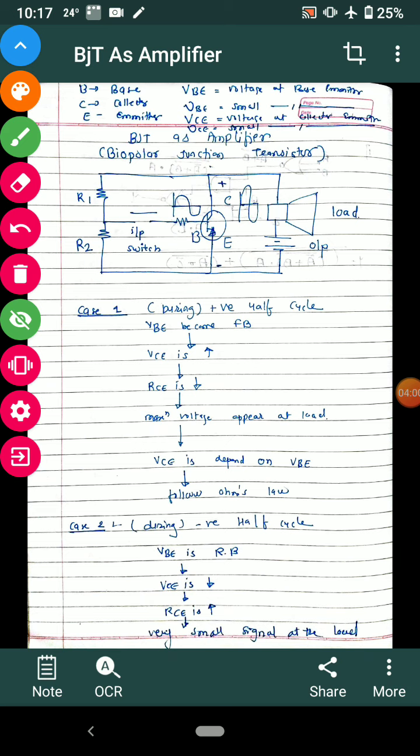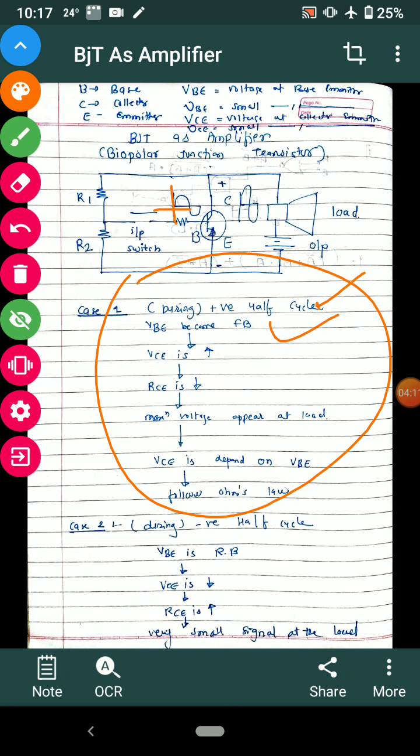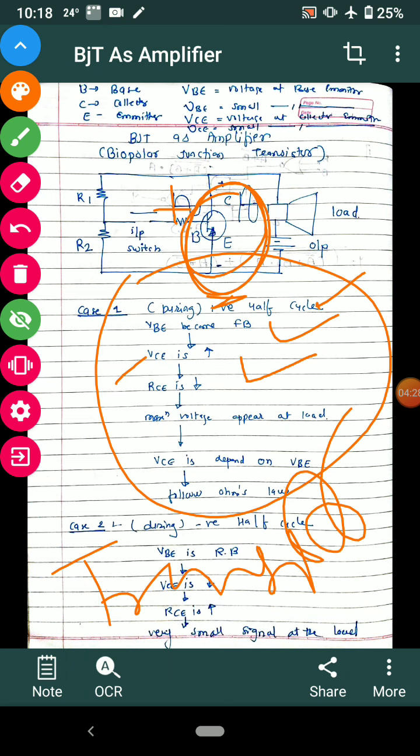We will consider this in a flow chart. During the positive half cycle, VBE becomes forward biased, since the base is positive and the emitter negative. Then the voltage at collector-emitter increases, which means the transistor acts as a switch.